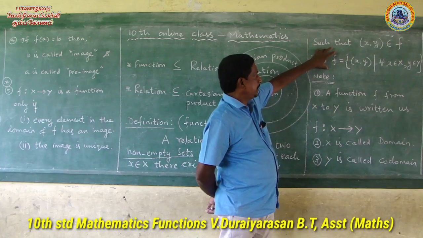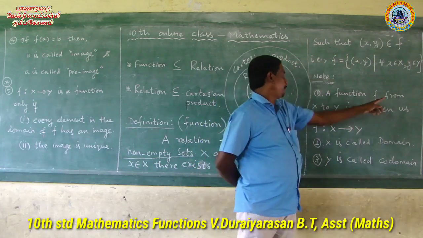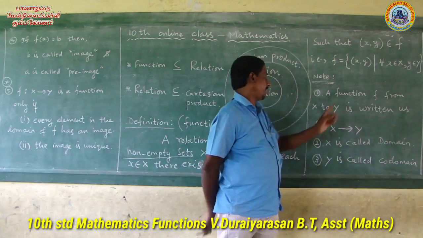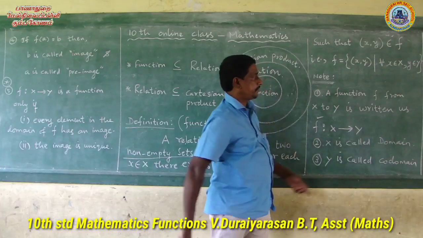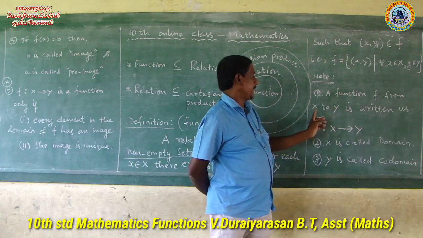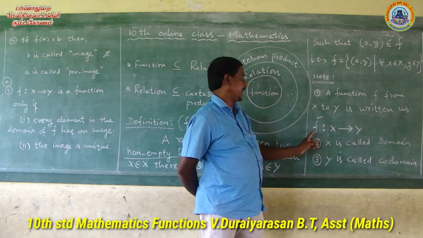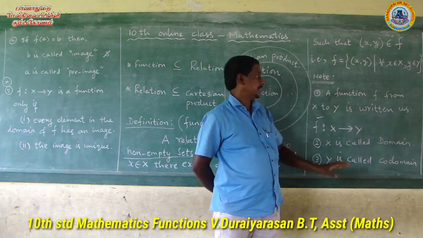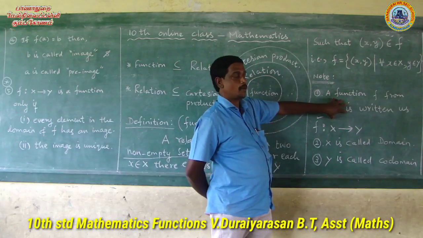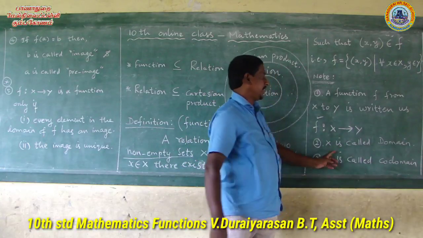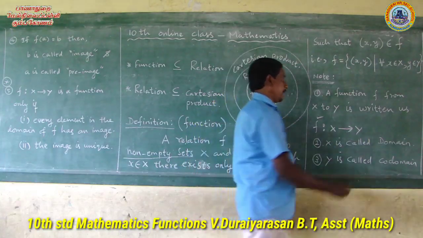A function f from X to Y is written as f: X → Y. This is important point number 1. Number 2, capital X is called the domain.